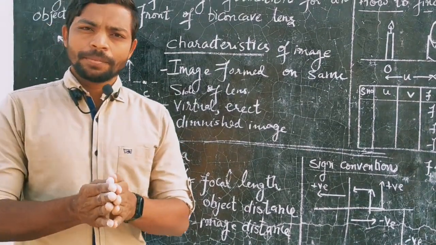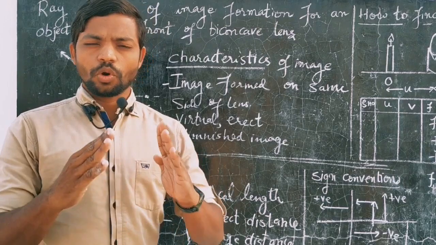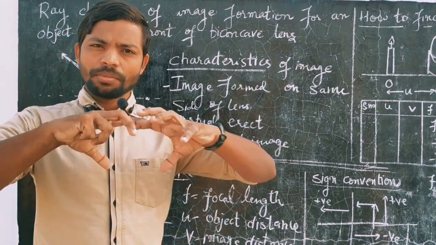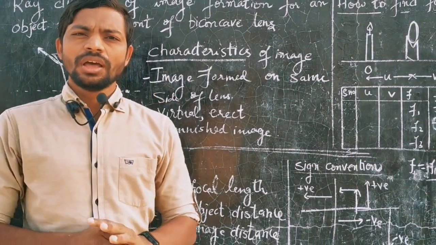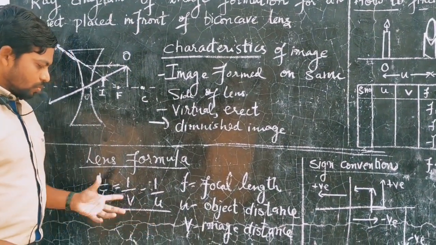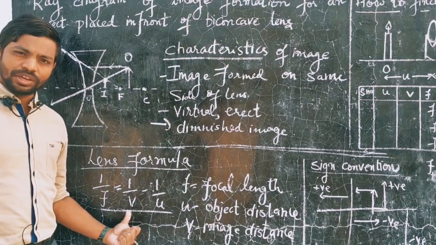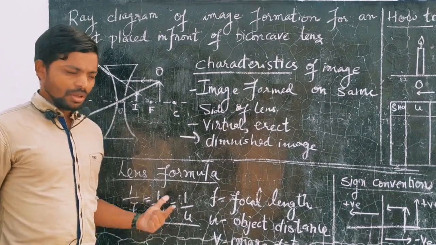It tells that if you want to find out one of the things, whether it is focal length or object distance or image distance, from a given situation when a lens is placed with object and image, this formula is very much helpful. If you know at least two, you can find the third one. We'll see how we'll use this equation further.